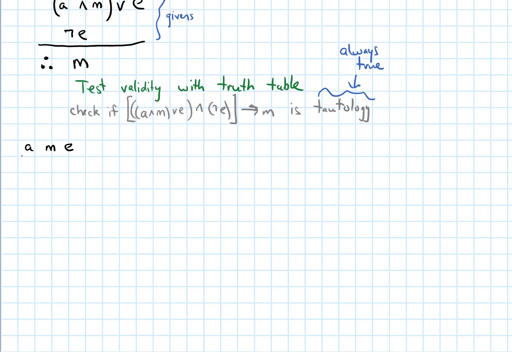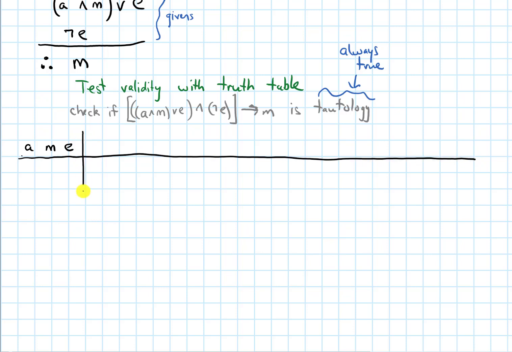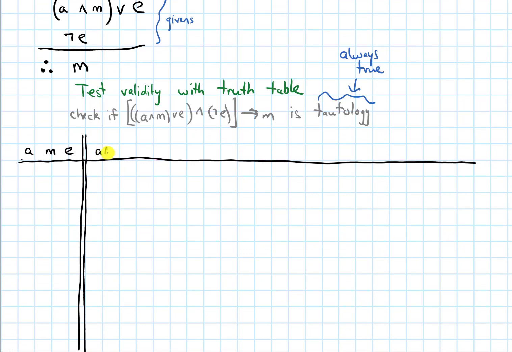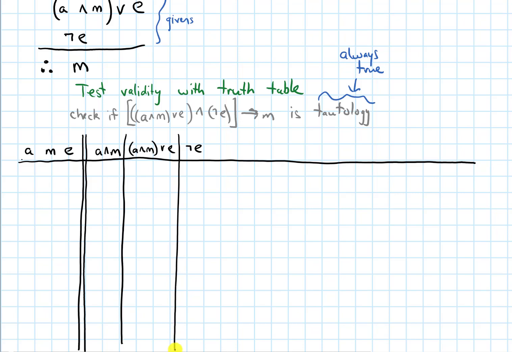Okay, so now for that, I'm going to start to build my truth table. So I'll have A, M, and E. Give myself a lot of room, double vertical lines. I'm going to do this truth table a little bit more quickly. I'm going to have a column for A and M. And then I need A and M or E. And then from there, I can do not E. And then I could combine those, A and M or E, with not E. Alrighty.